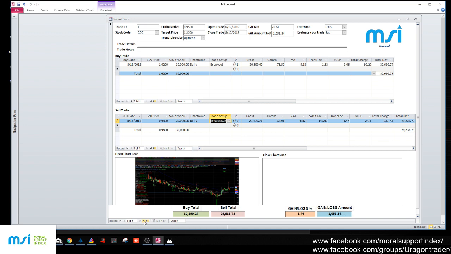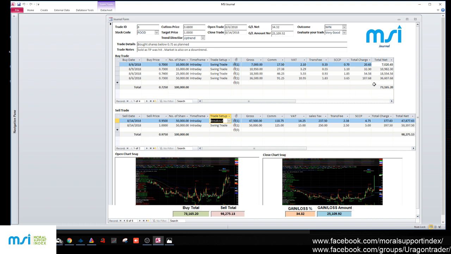So let's check another trade. This is an example of a single entry trade. So what about yung mga nagta-tranche buying at nagta-tranche selling? Is it also applicable? Yes, it is applicable. So as you can see here, this is an example of food.